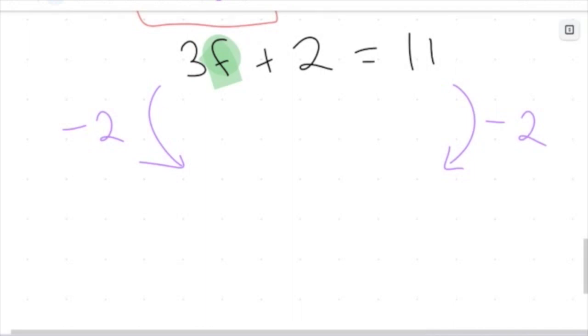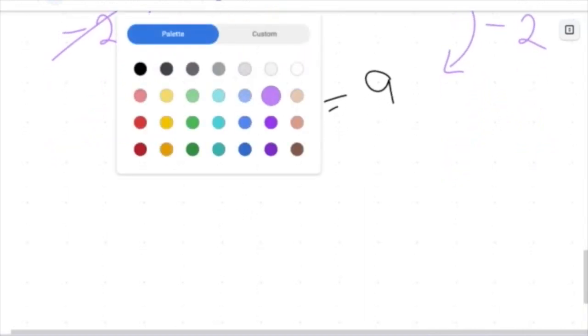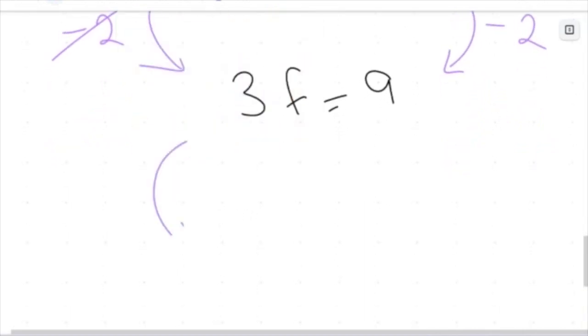I'm saying, well, 3f plus 2 gives me 11. Then what was 3f before adding 2? And that I'm going to get, when I minus 2 from 11, I get 9. So I get that 3f equals 9. Now, finally, once we get to this point, I can divide both sides by 3, because here I have 3 times f.